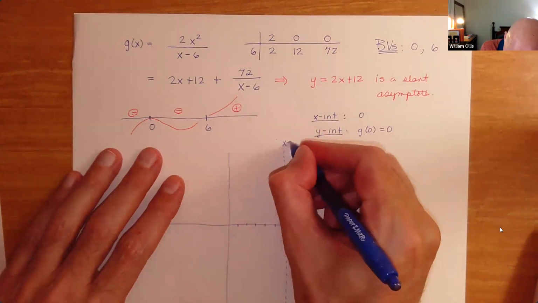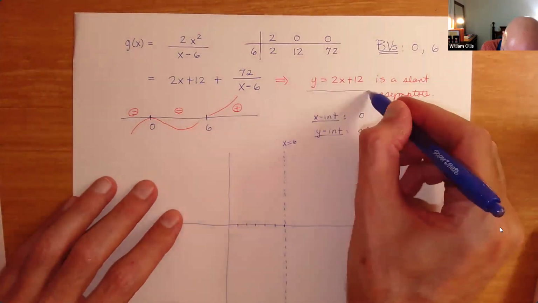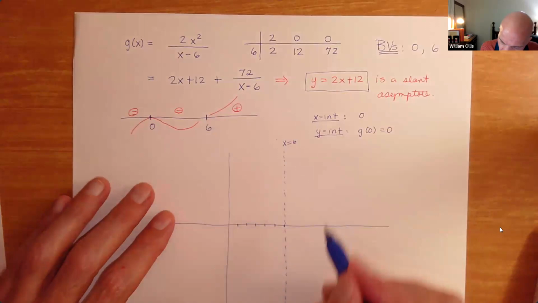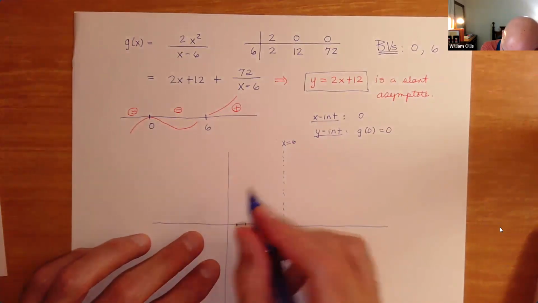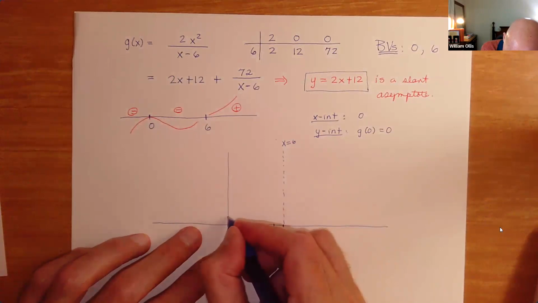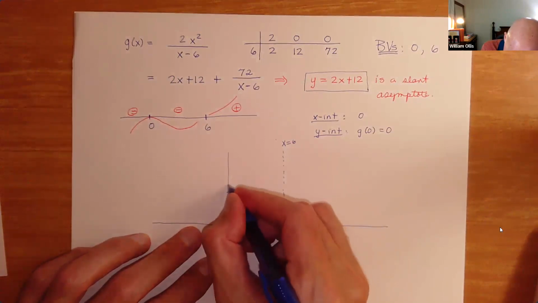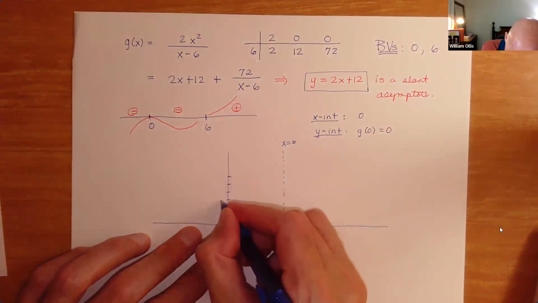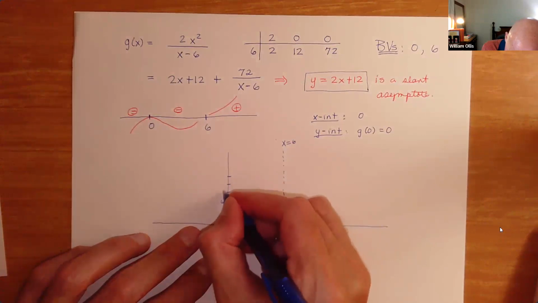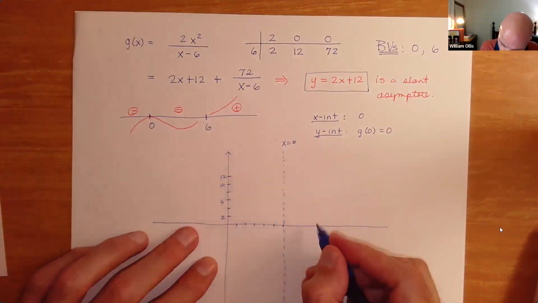So x equals 6. And then for our slant asymptote, 2x plus 12. So we can do this in twos here. So we'll do 2, 4, 6, 8, 10, 12, just to make the scale a little bit more reasonable.